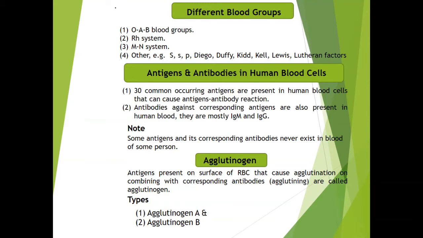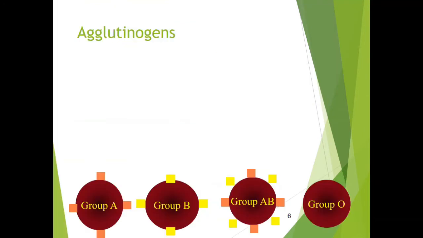There are four types of blood groups: group A, group B, group AB, and group O. Group O has no antigen on the surface. Group AB has both antigens present on its surface, that is A and B. Group B has only B antigen present on the surface, while group A has only A antigen present on the surface.